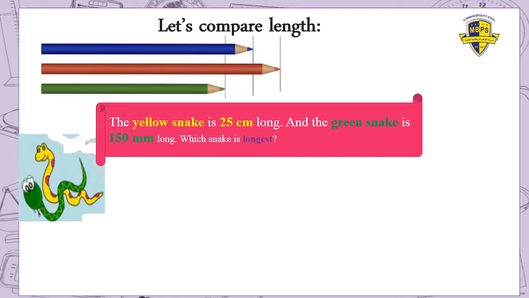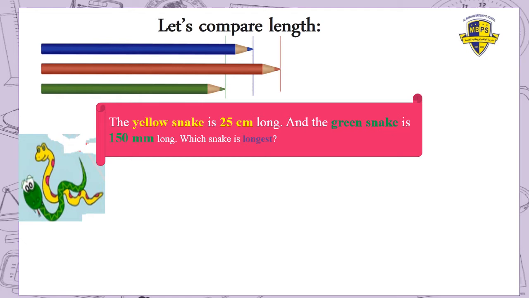So here we want to compare between the length of these 2 snakes. To know that, we have first to check the measurement of these snakes. The first one, 25 centimeters. The second one, 150 millimeters.